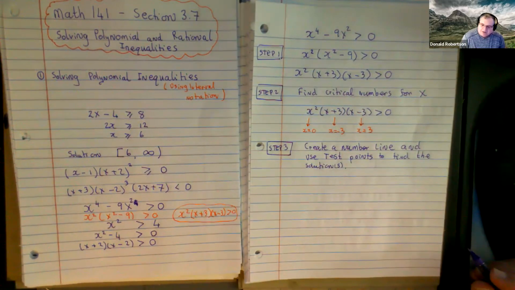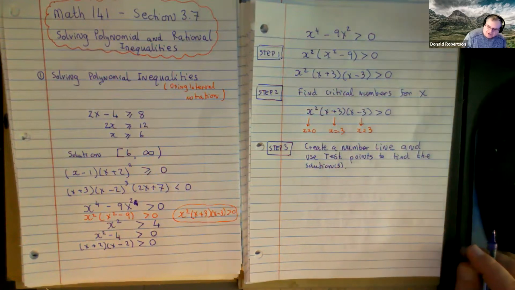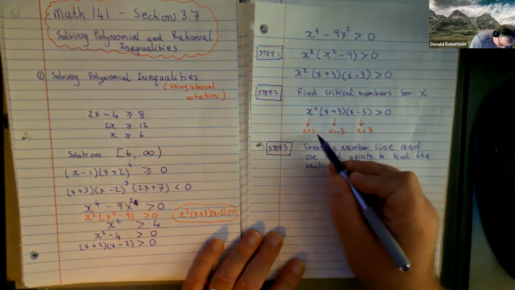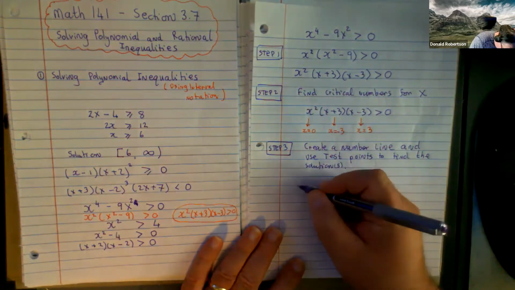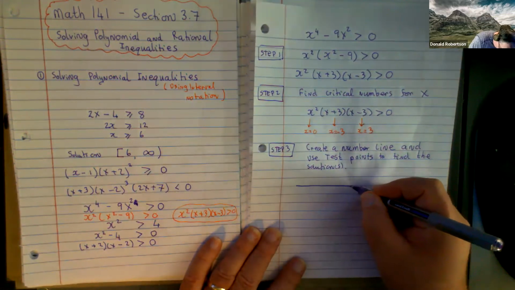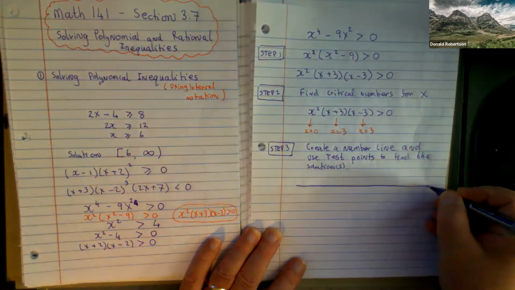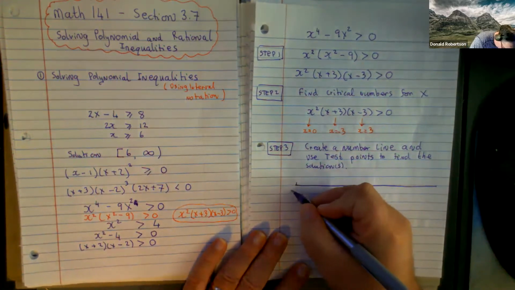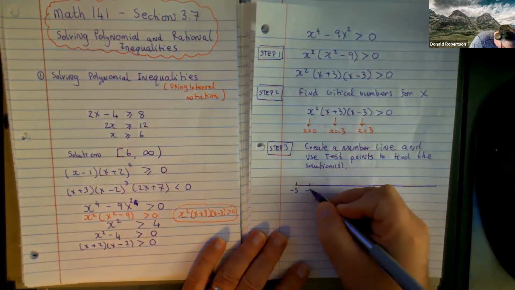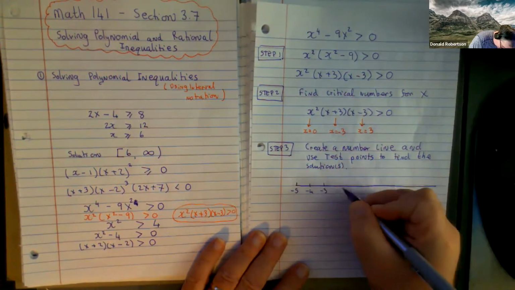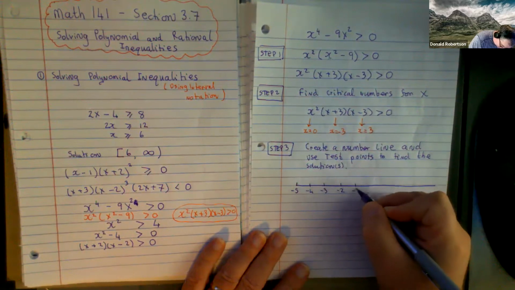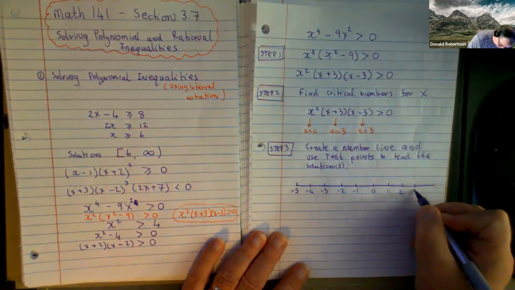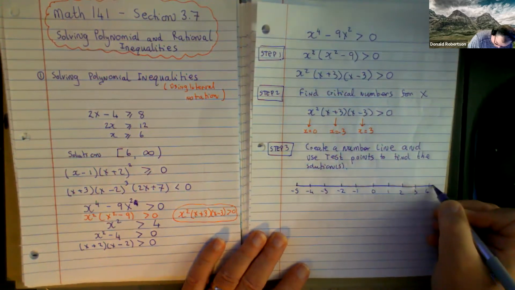What do I mean by this? Create a number line and then use test points. Well, I know that all the critical numbers are 0, -3, and 3. So a reasonable number line is a number line that has all those numbers in it and a little bit extra. So I'm going to say -5, -4, -3, -2, -1, 0, 1, 2, 3, 4, and so on.